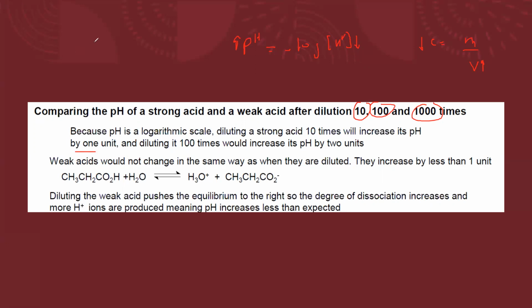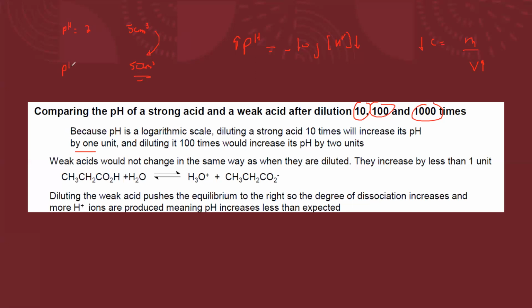Like for example, the original pH was 2, and say 5 cm cube of solution was there, and we are diluting 10 times, so we make the solution 50 cm cube total volume, adding 45, so that the total volume is 50 cm cube.